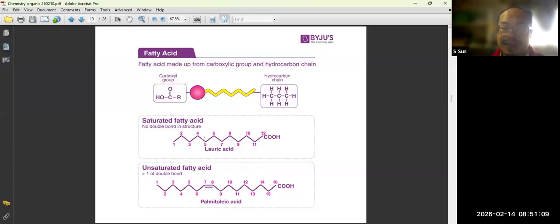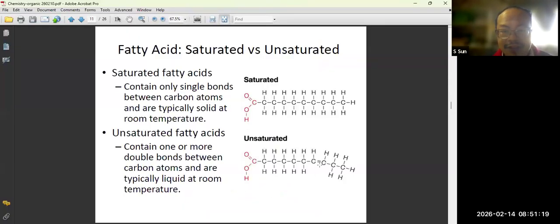If it's saturated fatty acids, you can have more of them packed together. If it's unsaturated, right here, they will have a kink right here. And so when you want to put 2 or 3 fatty acids together in the natural form collectively, this one has the space. And so unsaturated fatty acid appears more liquid-like.